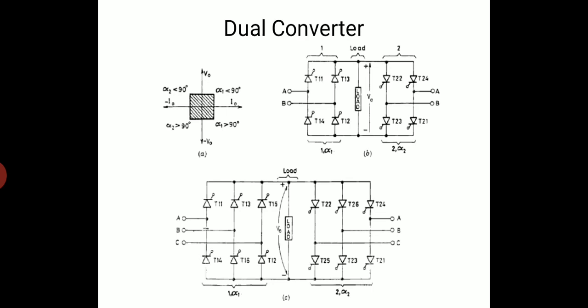V naught voltage could be positive as well as negative. We have seen that if alpha was less than 90 degree, then V naught voltage was positive, and if alpha was greater than 90 degree, then V naught voltage was negative.